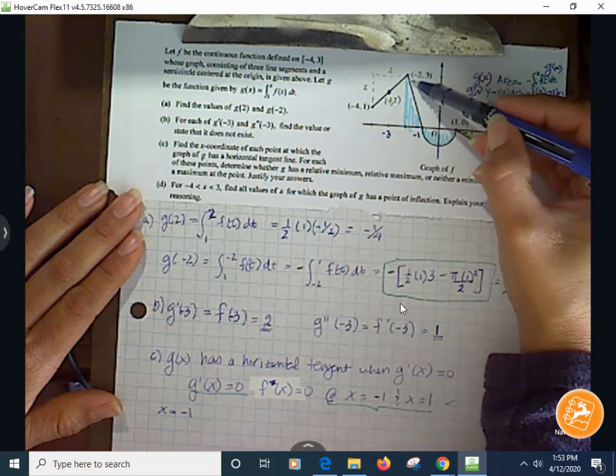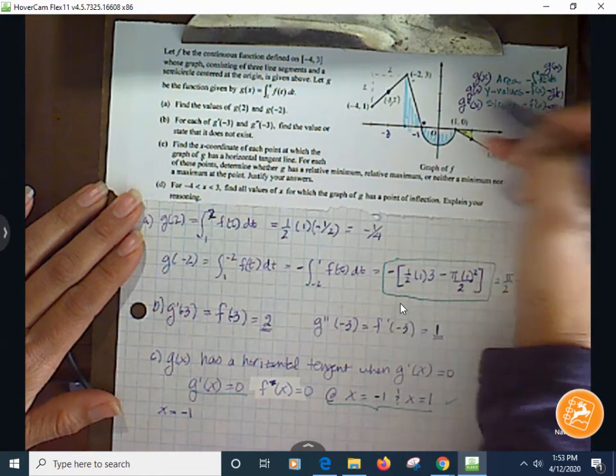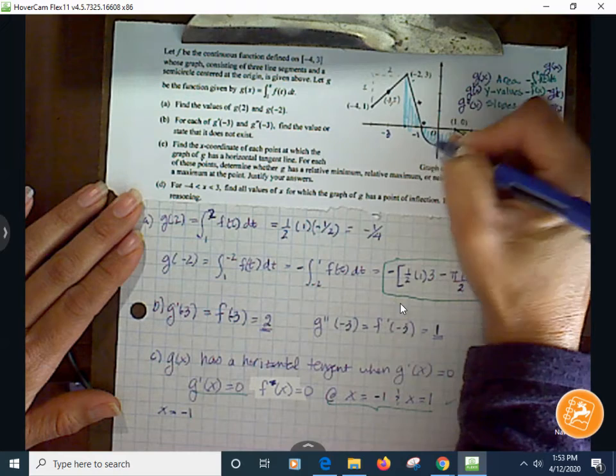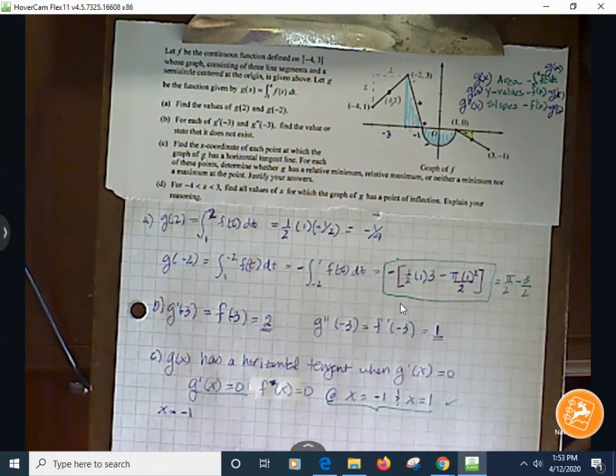Here the y value is 0, here the y values are positive, and here the y values are negative. So when the first derivative changes from positive to negative, that means you have a relative maximum.